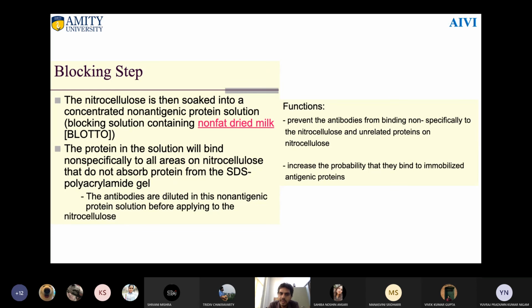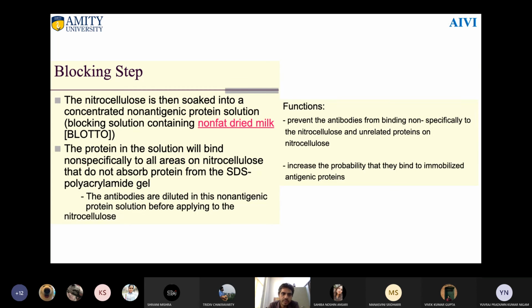One is milk. Generally we use skimmed milk, or milk powder, Nestle, Nescafe, or Amul, any milk powder that came. That milk powder we use for the soaking or the blocking. And if you don't want to use milk powder, you can use BSA also, bovine serum albumin. So they block non-specific regions, where your probe and your antibody want to go and bind.